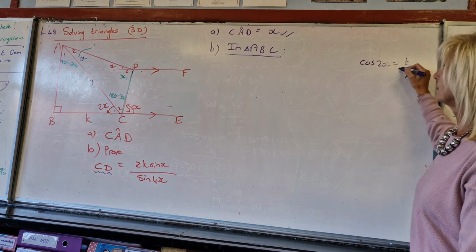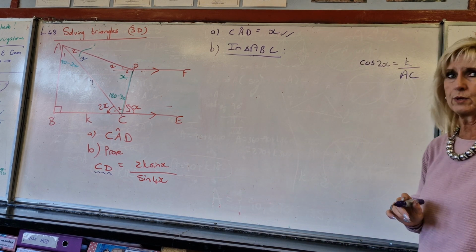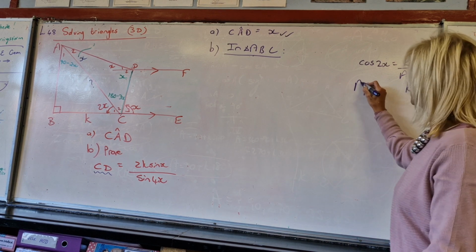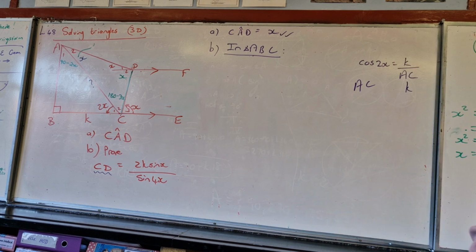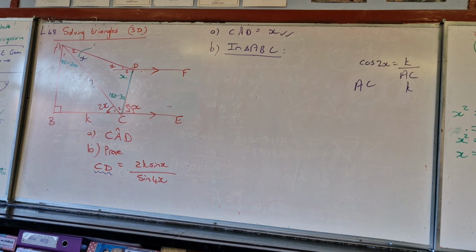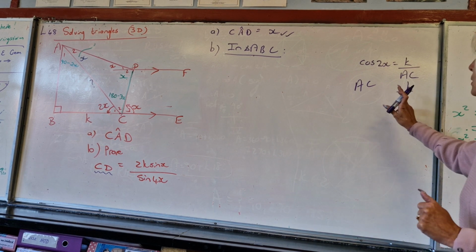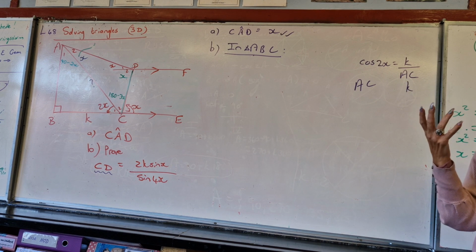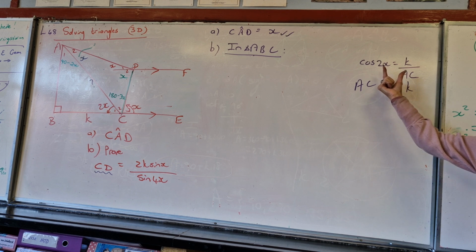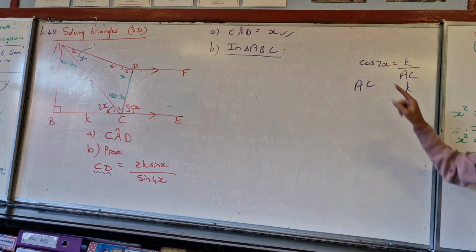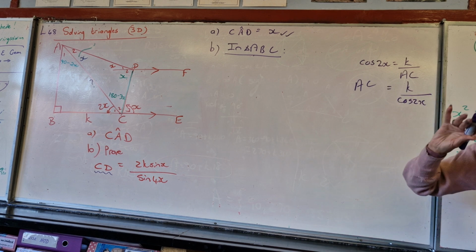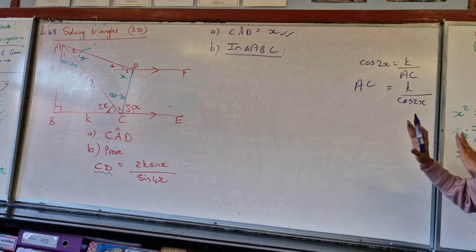The k over AC. Are you with me here? So AC would then be equal to k over cos. So when we want to get AC alone, we would use my method that I call cross multiplication or swap them around. So AC is equal to k over cos 2x. Okay, I'm very happy with you. That was the grade 10 method.